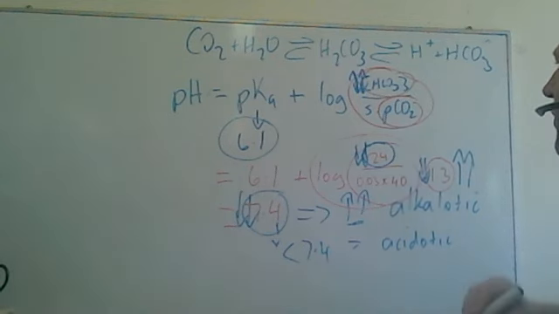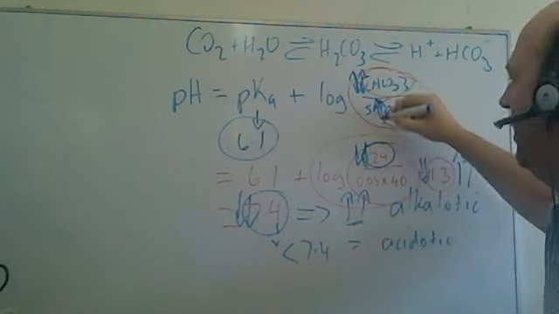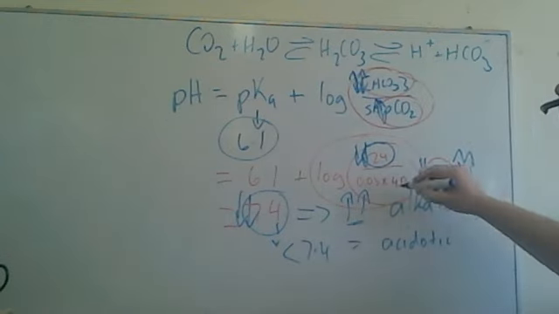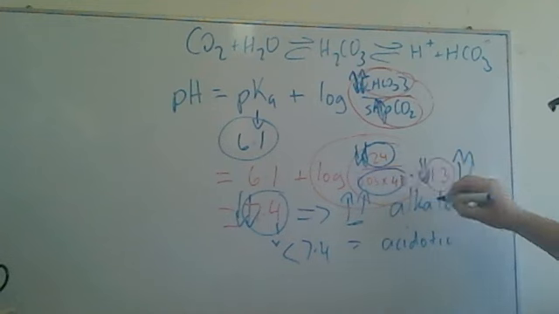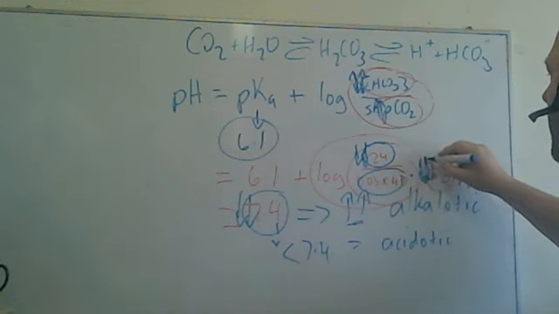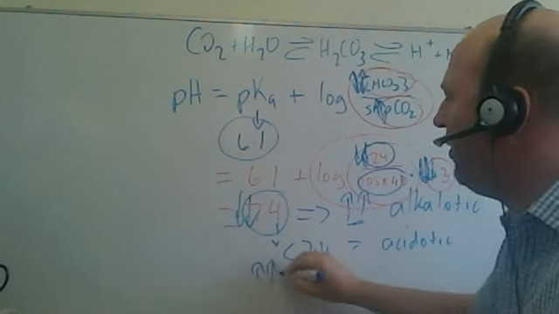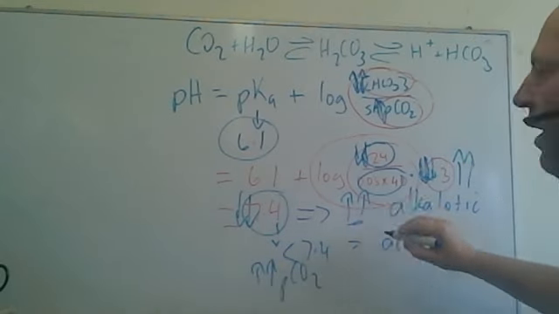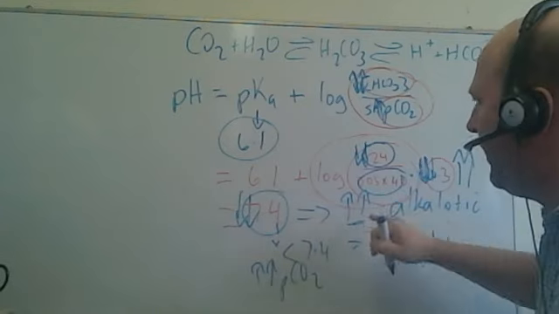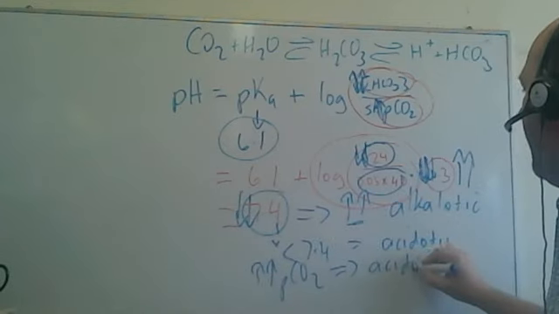So a decrease in bicarbonate ions is going to lead to a pH that is less in value, and therefore we're going to have an acidic situation. Conversely, if we look at the partial pressure of carbon dioxide, being the denominator, an increase in PCO2 is going to increase this value, so it means the fraction value is going to be less. If this value is going to be less, then the log of that value is going to be decreased as well. So again, the pH will be decreased, so an increase in PCO2 is going to make the pH less, and that will be an acidotic situation.